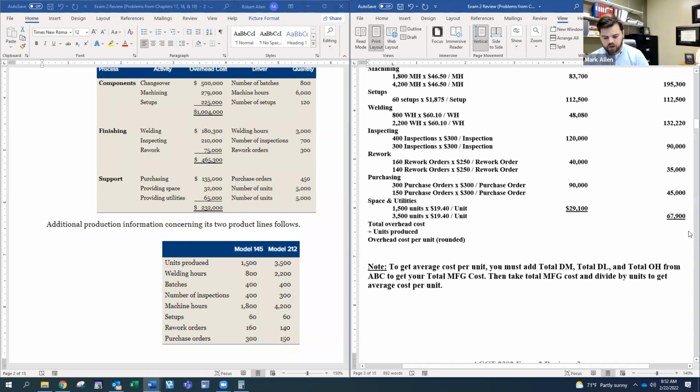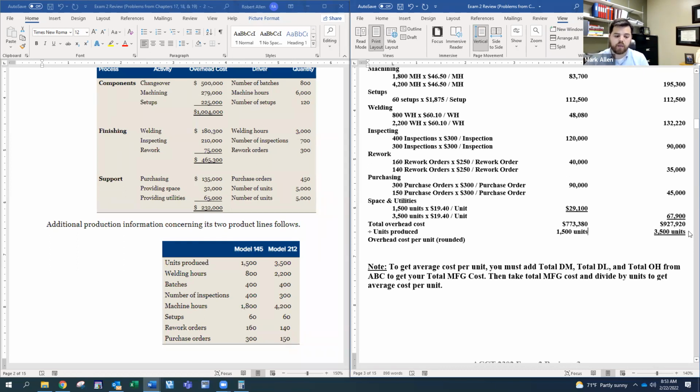So whenever we come down my model 145 column and add all of that up, we'll come out to $773,380. And for model 212, this will come out to $927,920. Now, units produced. Well, model 145, we produced 1,500 units. And here we produced 3,500 units.